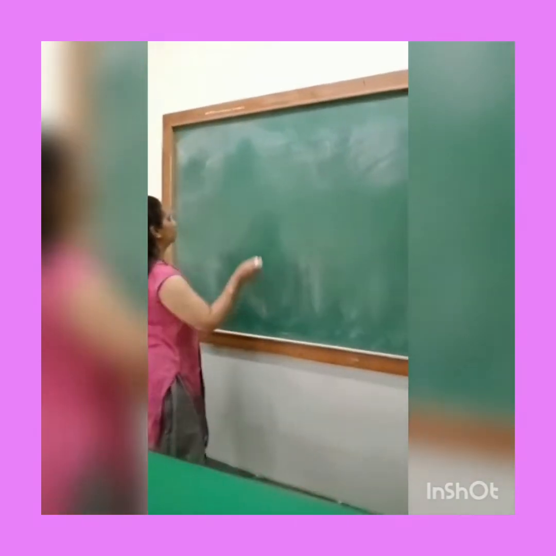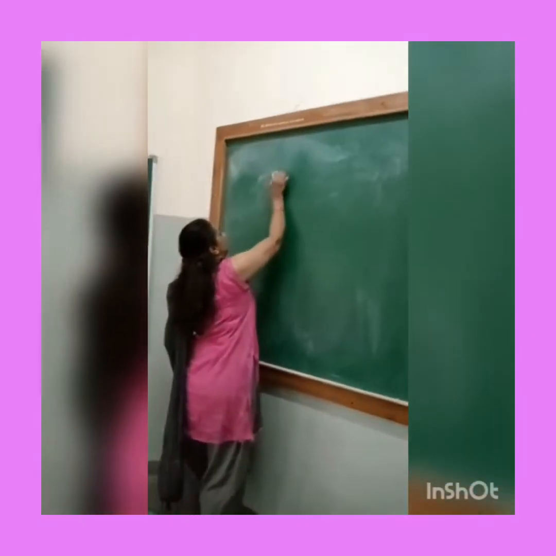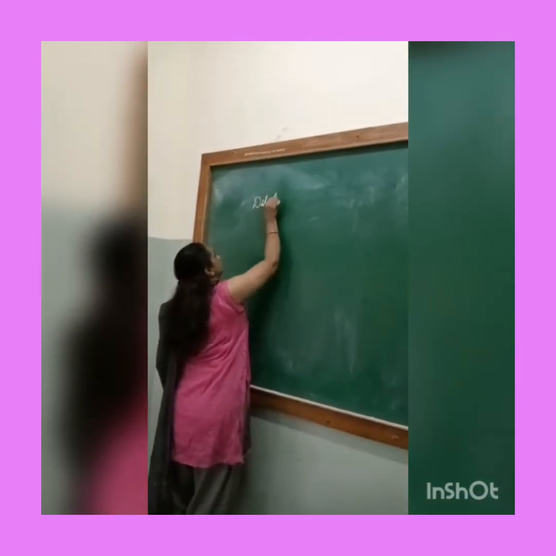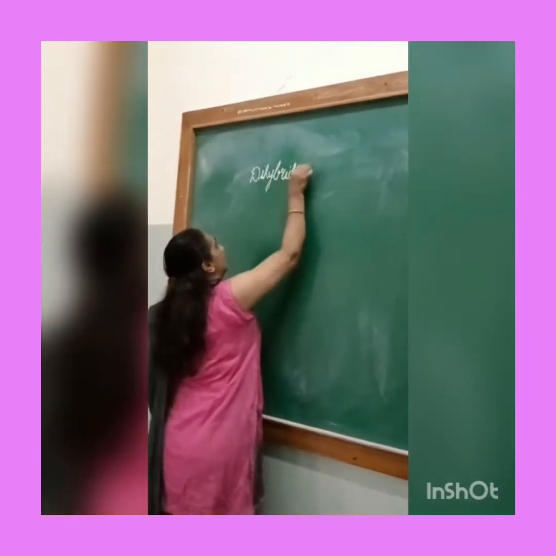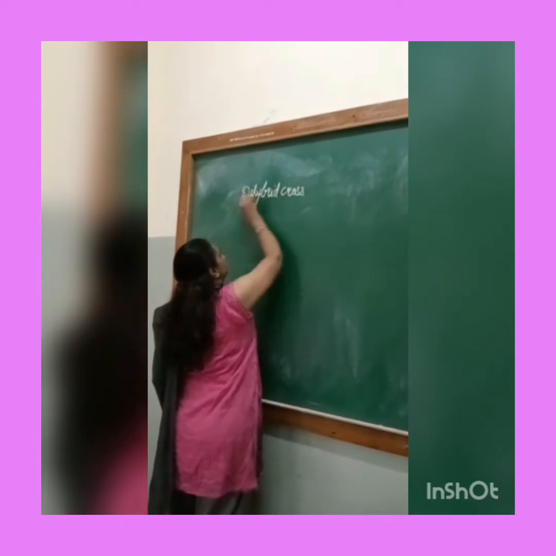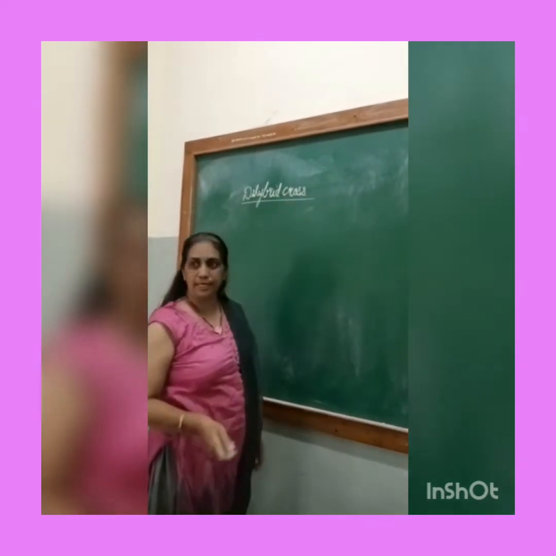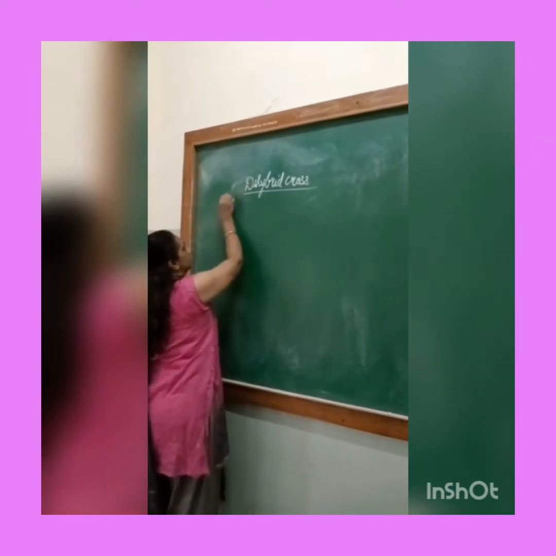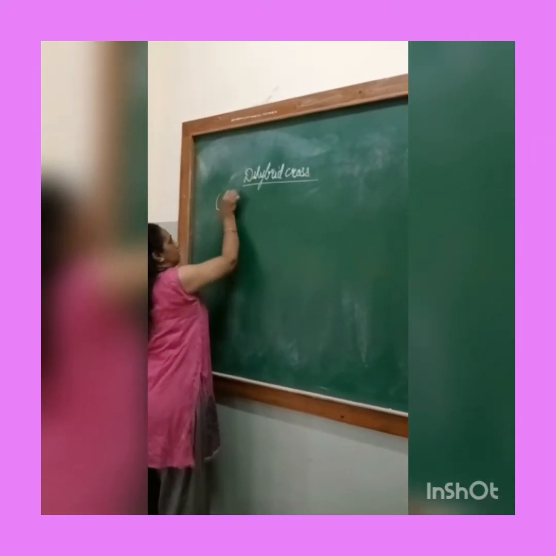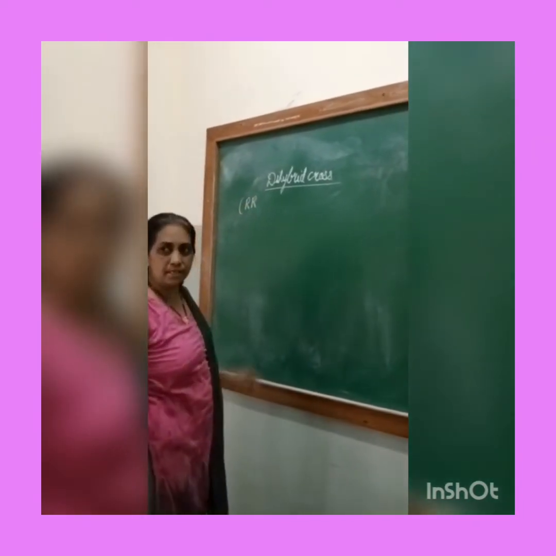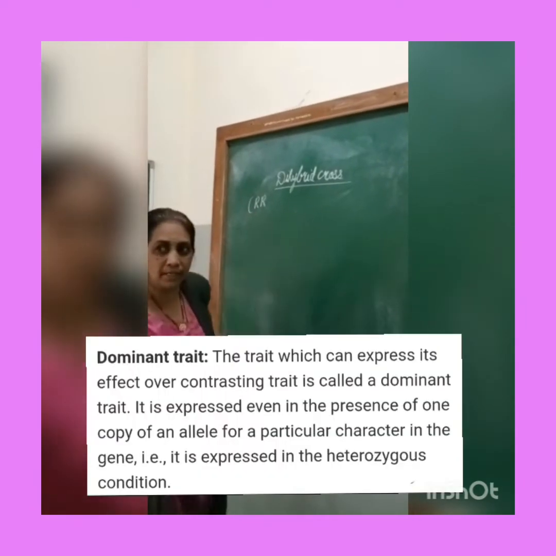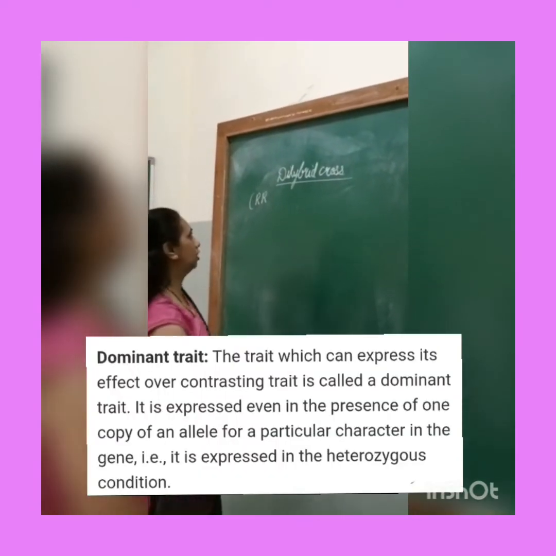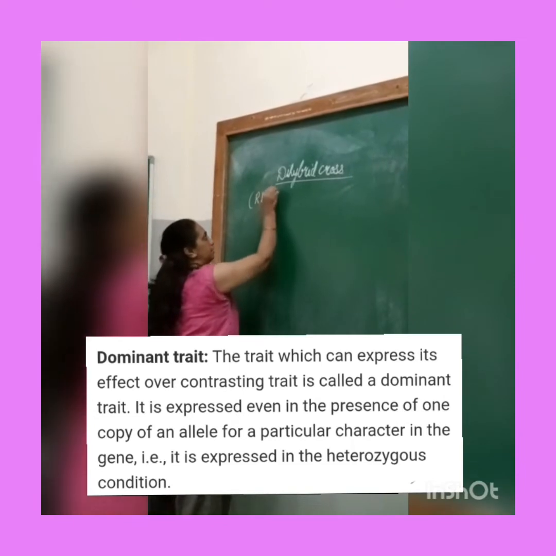Dihybrid cross, which two traits are we going to study? The rounded seeds. This is the dominant trait, so it is denoted by capital R, and the yellow seeds.